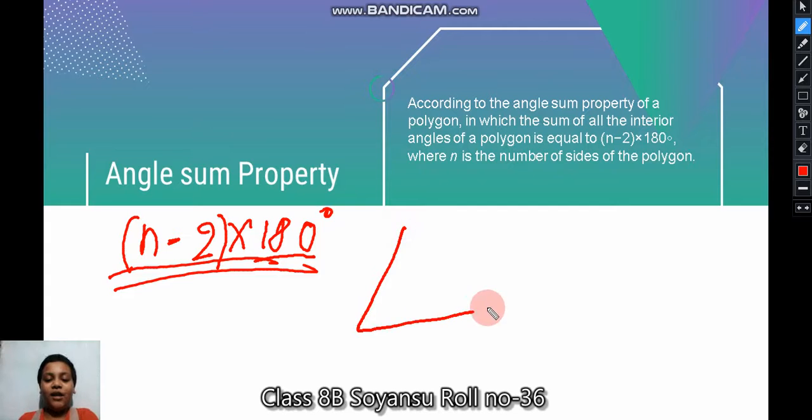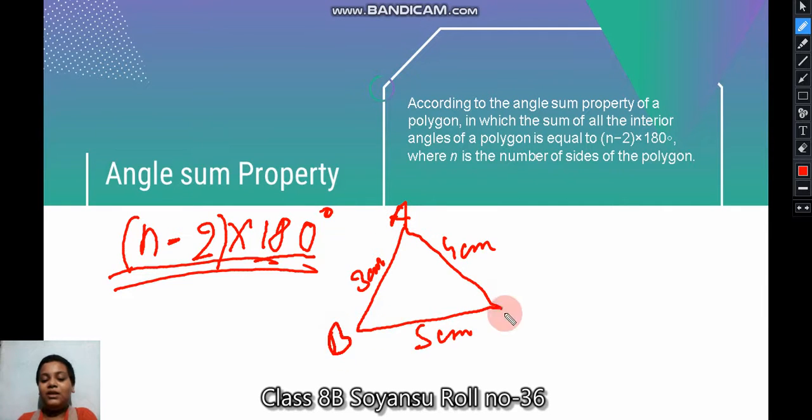If we take a triangle as an example, it has three sides. Let's suppose this is 3 centimeters, this is 4 centimeters, this is 5 centimeters. Let's name it A, B, C. The angle sum property says (n minus 2) into 180 degrees.